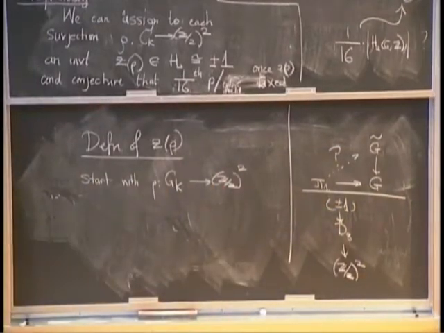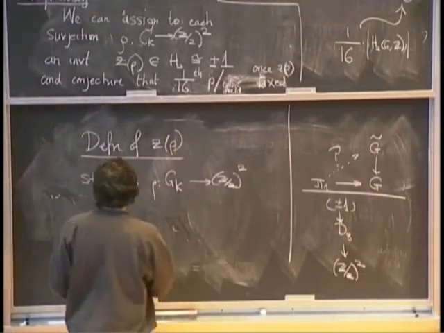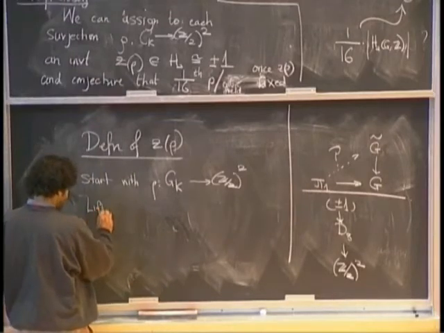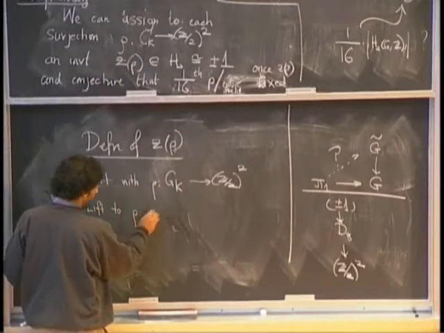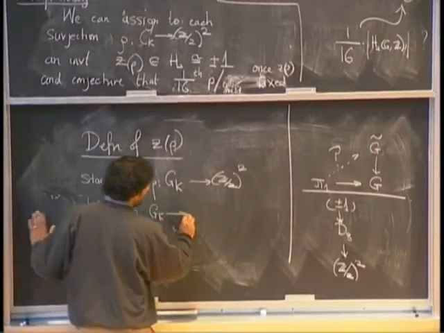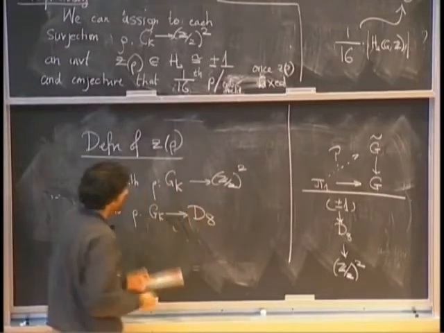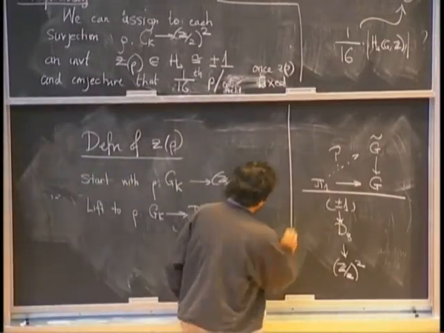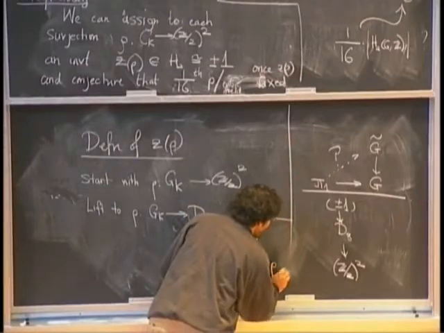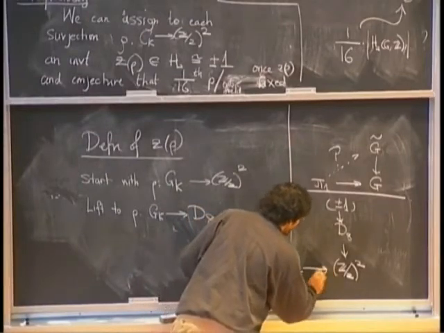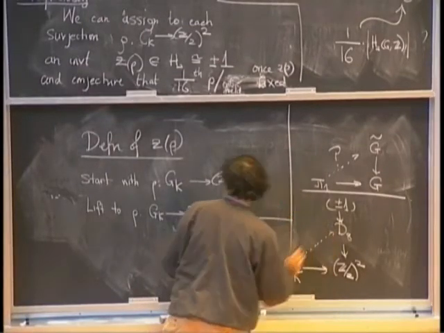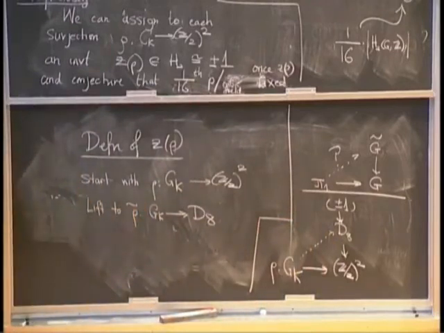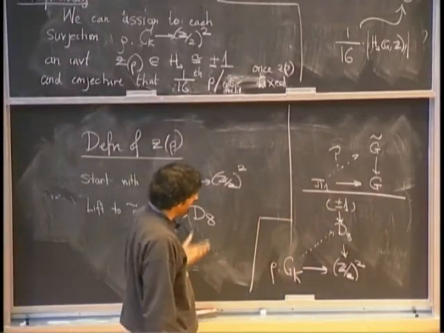So I start with this, and now I'm going to lift it to rho tilde from G_K to D8. Now, this original rho was unramified. I started off with a map from G_K to here, and now I'm going to try to lift it.